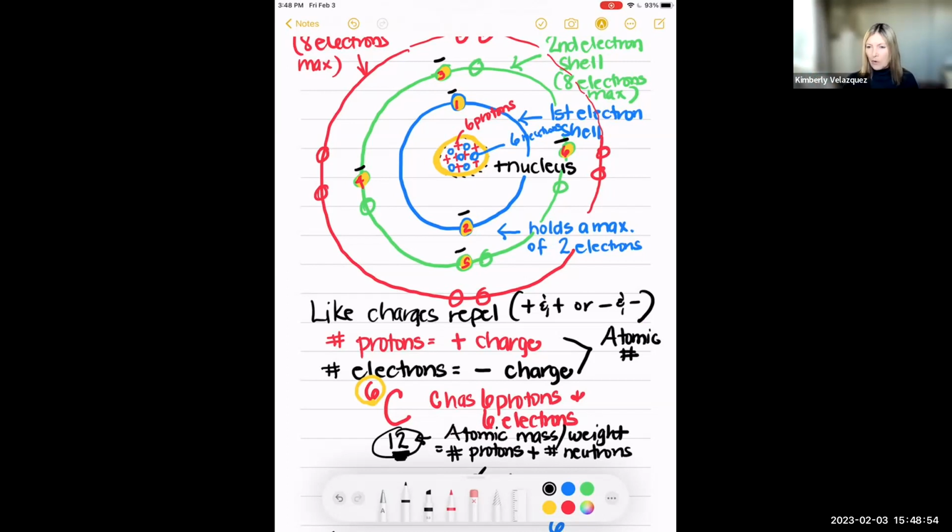You've experienced this before if you've ever played with magnets. If you put them together with opposite sides, they stick. If you try the similarly charged sides of the magnet, they're going to repel each other and you can feel that force. Those neutrons are separating those positively charged particles in the nucleus to keep that nucleus intact.